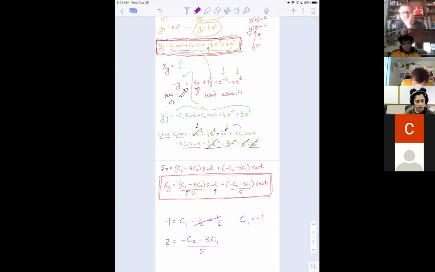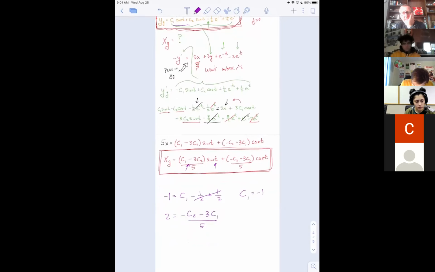And so, cool, I think I'm home free. Then I multiply 5 both sides, I get 10. And I know C1 is -1, so that's a 3. I subtract that over and I get 7 equals negative C2. Sorry, that's supposed to be a 2. So that means C2 is -7.